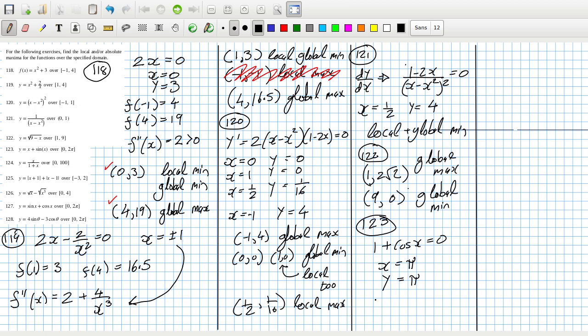And if I calculate the second derivative, it is minus sine x. That's not going to be helpful. So I have to sketch it out.